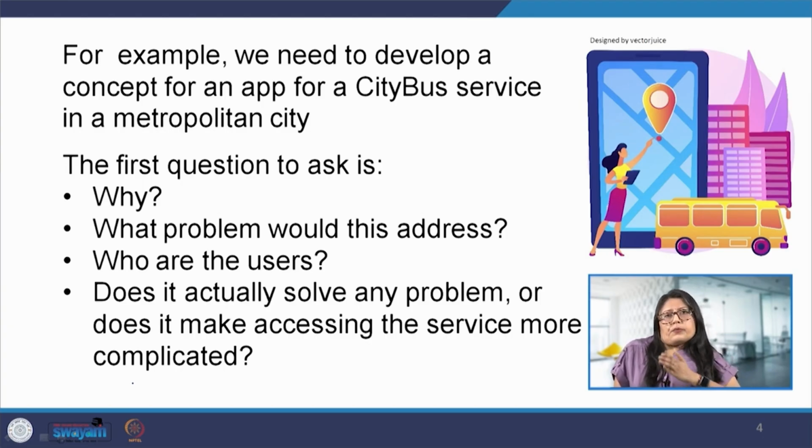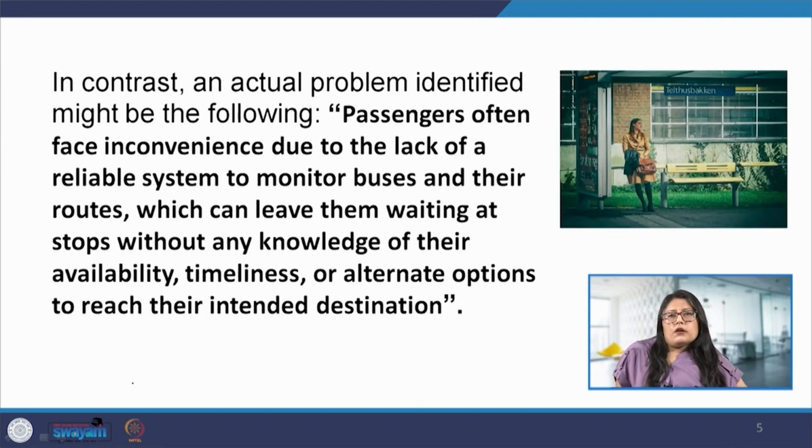But if we categorize this particular need in a statement as a problem statement, we probably would put it together as: passengers often face inconvenience due to the lack of a reliable system to monitor buses and their routes, which can leave them waiting at stops without any knowledge of their availability, timelines, or alternate options to reach their intended destinations.